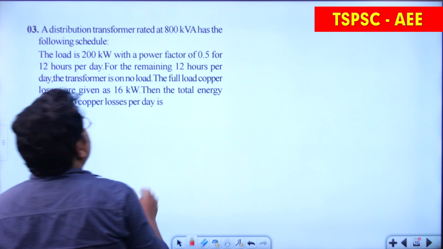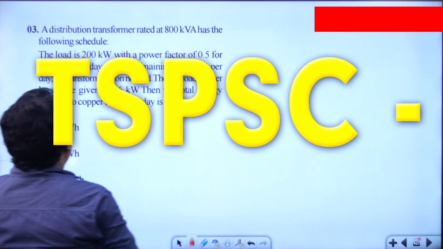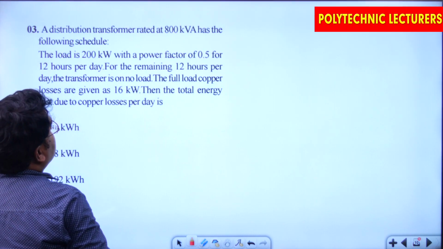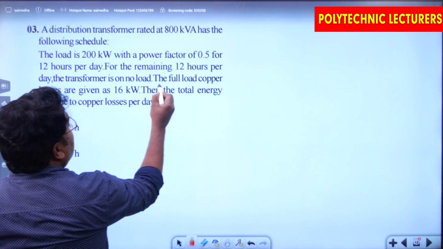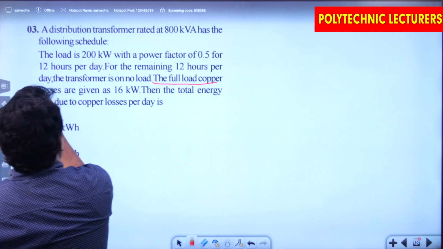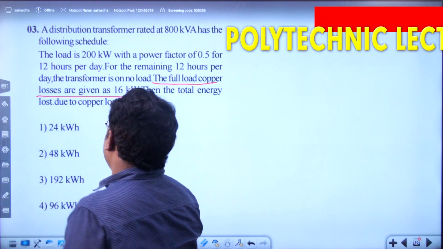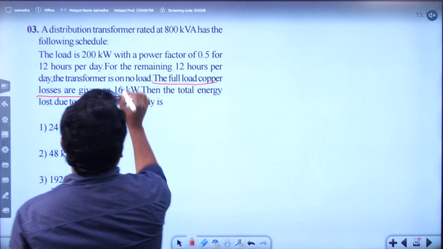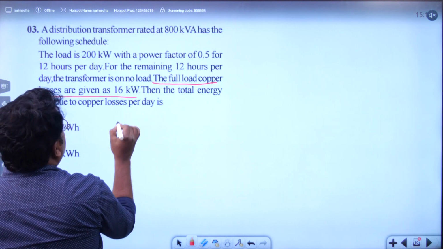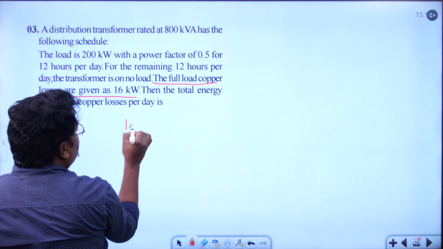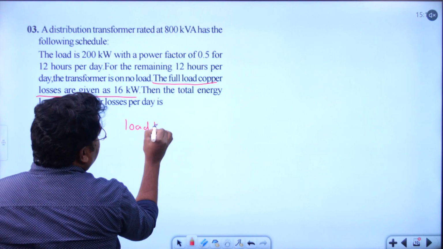So first we need to find the fraction of the load. Here the full load copper losses are given, that is equal to 16 kilowatts. Now the fraction of the load: first we need the load kVA. How do we find the load kVA?